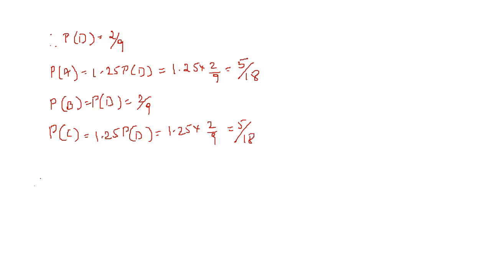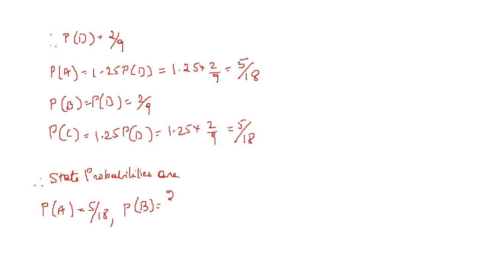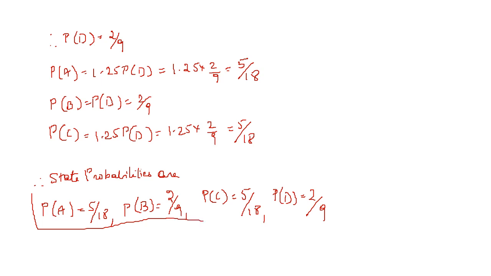Therefore, the state probabilities are P of A equal to 5 by 18, P of B is equal to 2 by 9, P of C is equal to 5 by 18, and P of D equal to 2 by 9. So these are the state probabilities of a given state diagram in this particular problem.